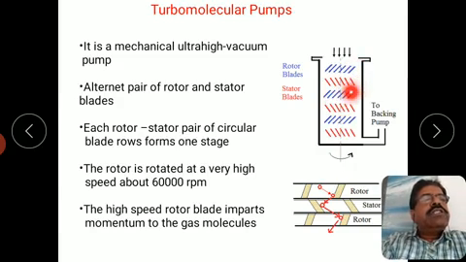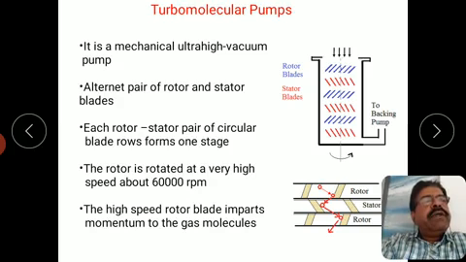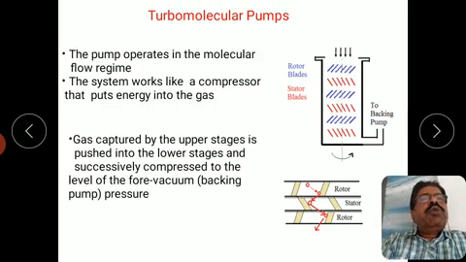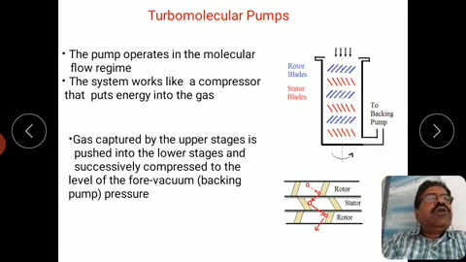At each stage, the gas coming from the chamber which we want to evacuate is compressed and compressed, and finally thrown out towards the backing pump.